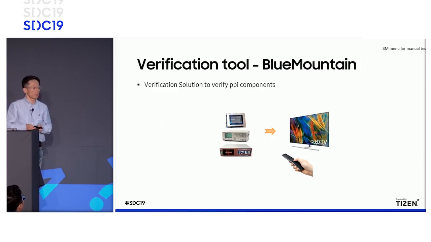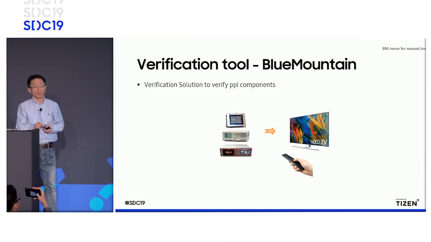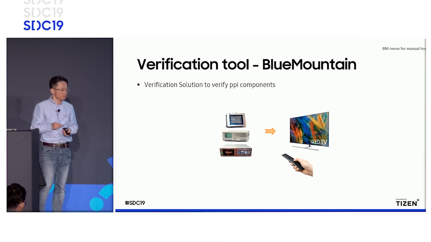It's the final one, I think. So Blue Mountain is a kind of test tool for you to check whether your PPI implementation is correctly done or not. We will provide the Blue Mountain tool to you, then you can use that.